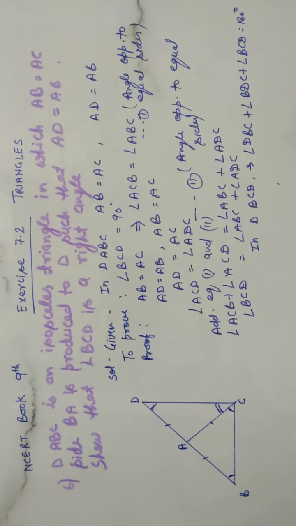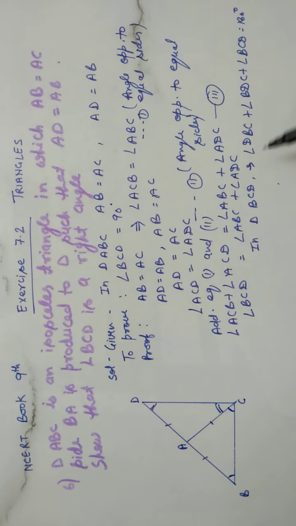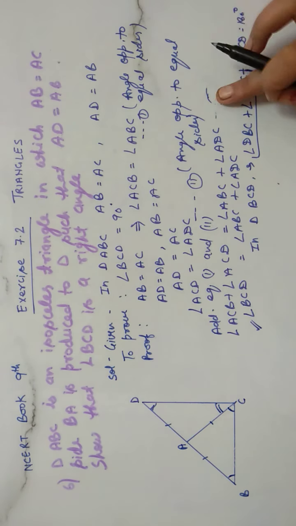Now DBC, BDC and BCD, these three angles we have. So when we correlate this with the previous equation, which we call equation 3, see: DBC and ABC are the same, BDC and ADC are the same, we have only extended it. So instead of these two, we can write BCD.